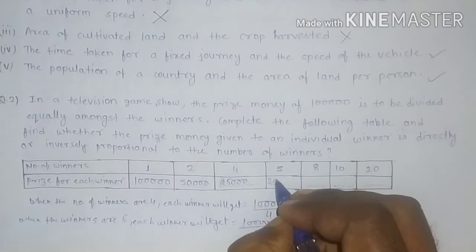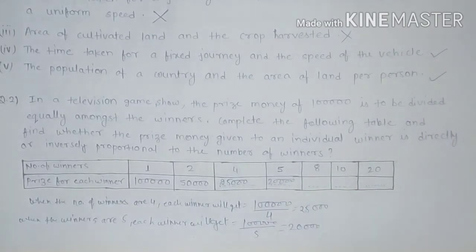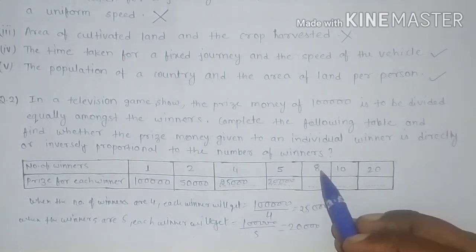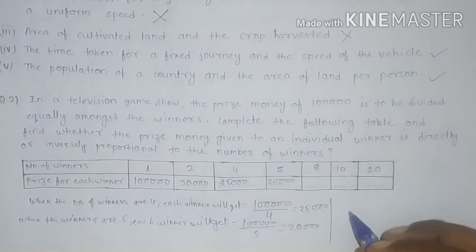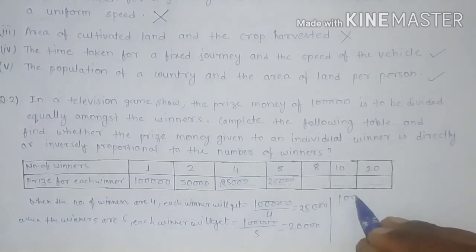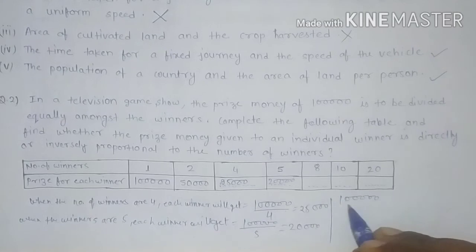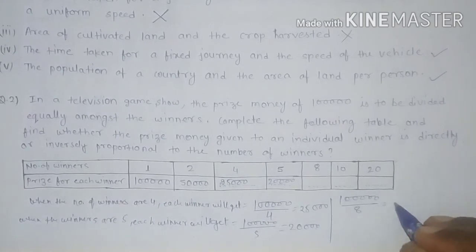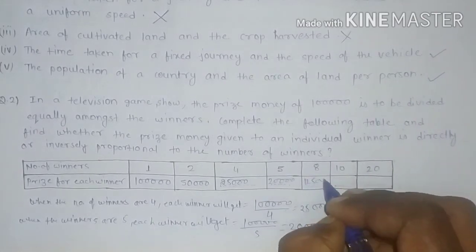So you can write 20,000. Similarly, if the winners are 8, then each winner will get 1 lakh divided by 8. So it will be 12,500. So this is 12,500.